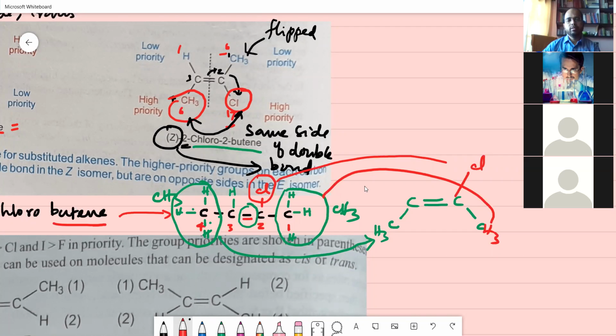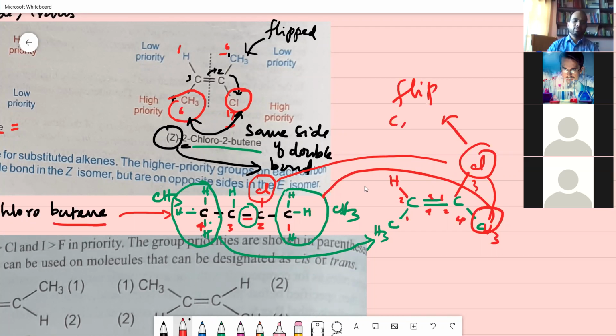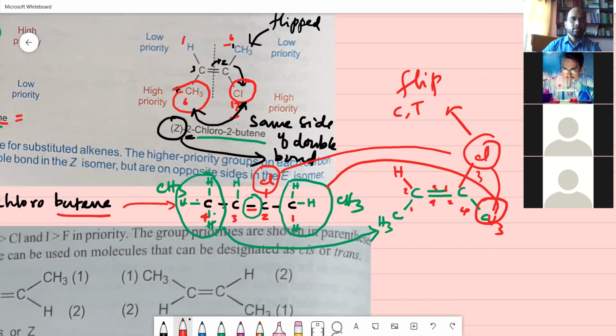And another one is a hydrogen atom. So you see everything is satisfied, valency 4: 1, 2, 3, 4. 1, 2, 3, 4. So now it is possible to flip this chlorine from this CH3. So if you flip, you can get cis and trans isomers. Okay. So that is how, if the name is given, you have to write this structure.